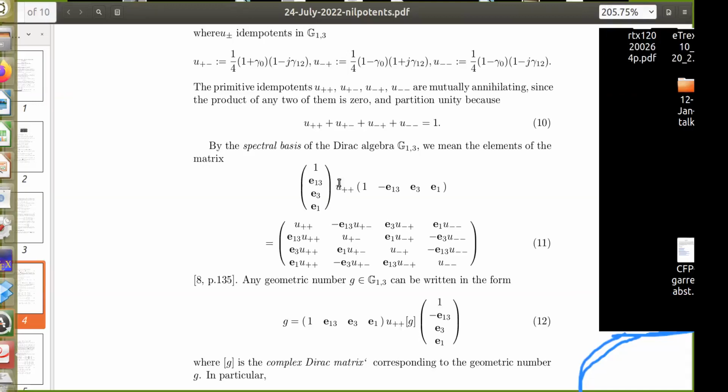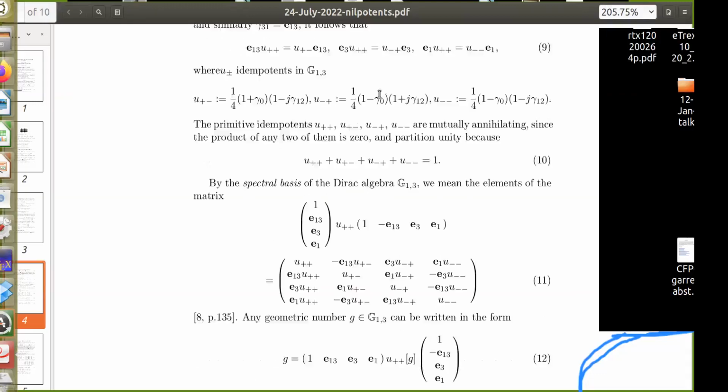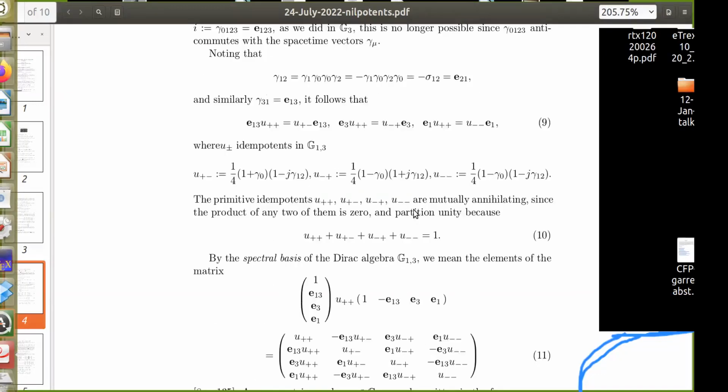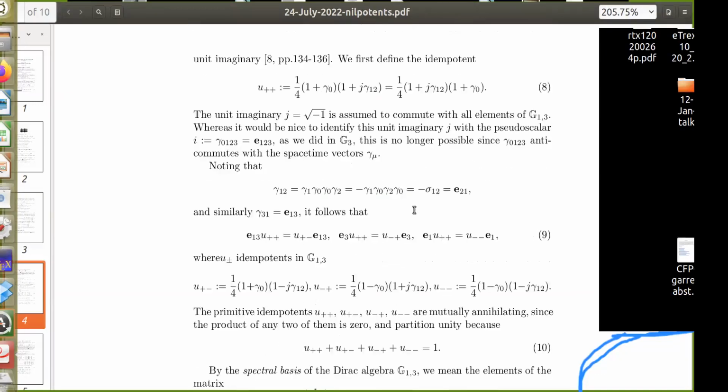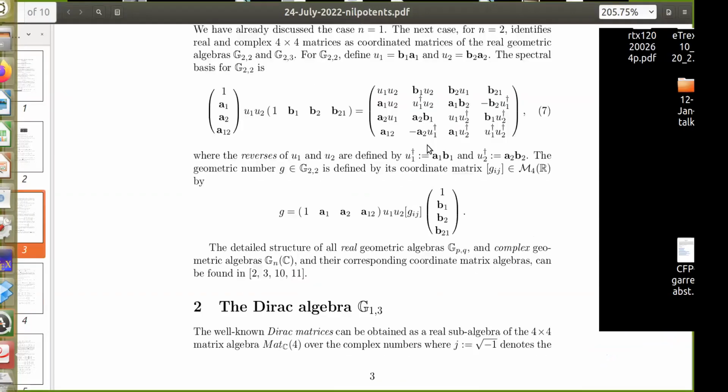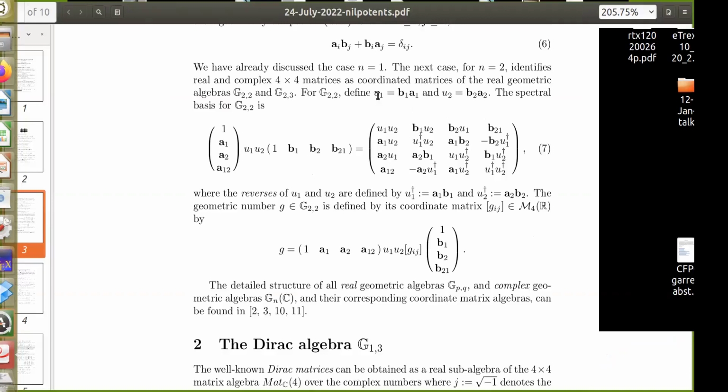But if you skip back to your previous spectral basis, for G22, I guess, here we have A1 and B1 and A2 and B2, right? But in the Dirac algebra, you had E13 and minus E13.